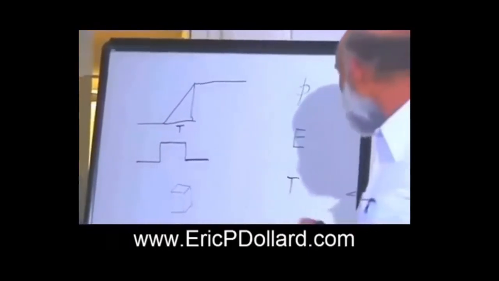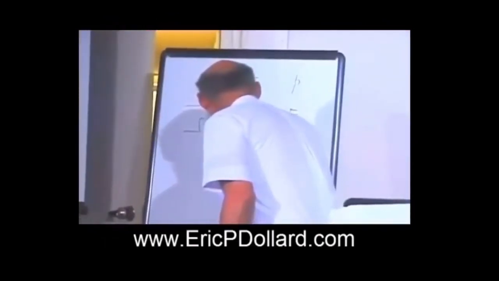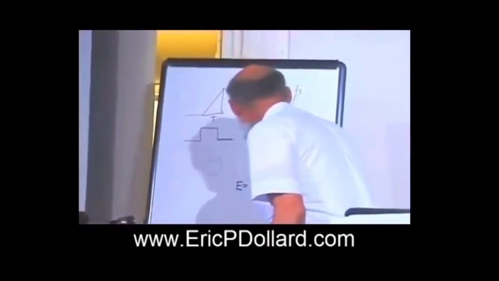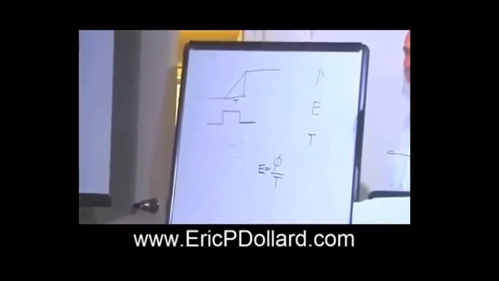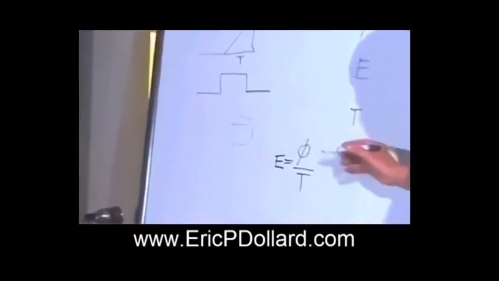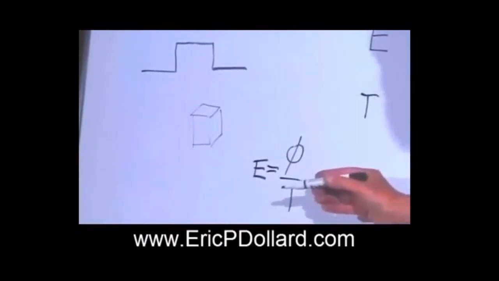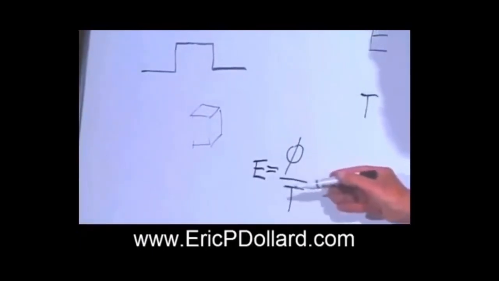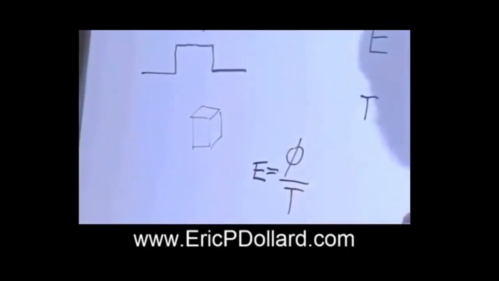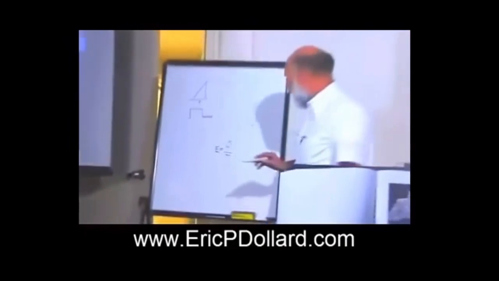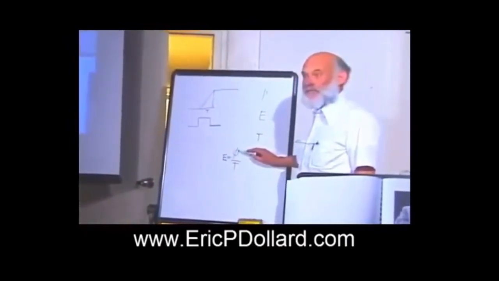Well, lo and behold, we've analyzed algebraically what's going on with a very simple mathematical ratio. In other words, your weight as a ratio to the time involved in changing your velocity gives you a force E. Now what I can do without any changes at all is say this Greek letter phi represents a quantity of magnetism.